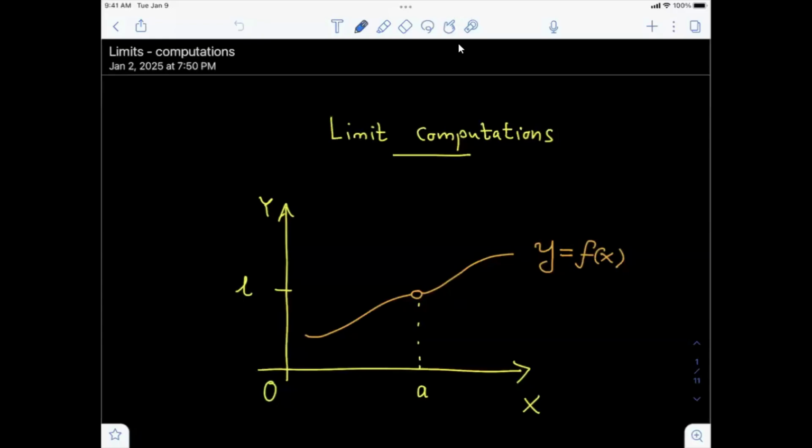Hello, everybody. Welcome back. Now, if you recall, the starting point of our conversation regarding the concept of limits, we started by looking at the hiking example.